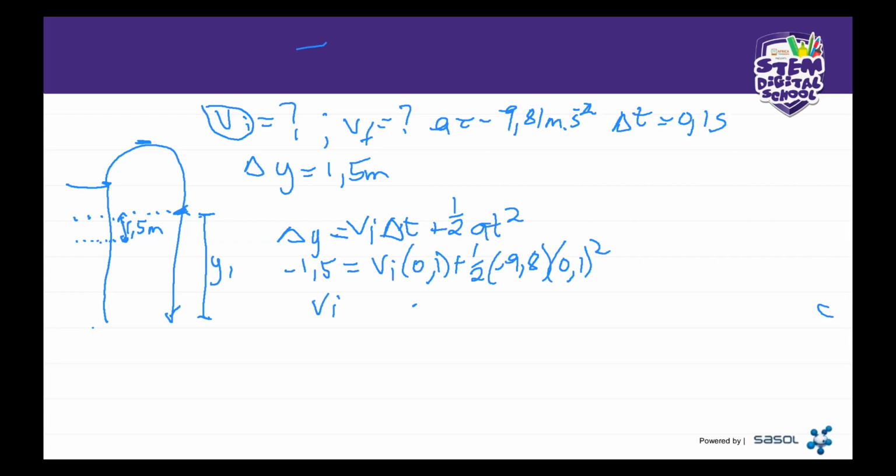It's going to be a minus, and then we're going to divide it by 0.1. Our initial velocity is going to be 14.51 meters per second. Okay. So from there, let's just go back.